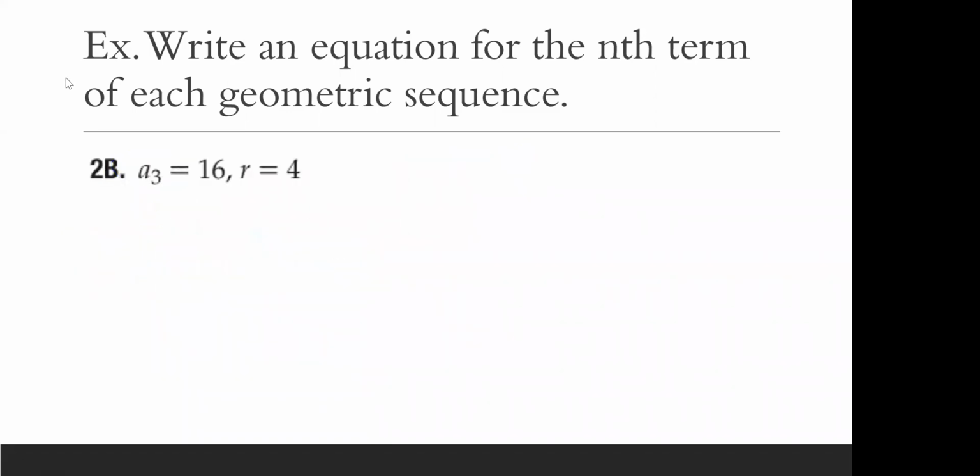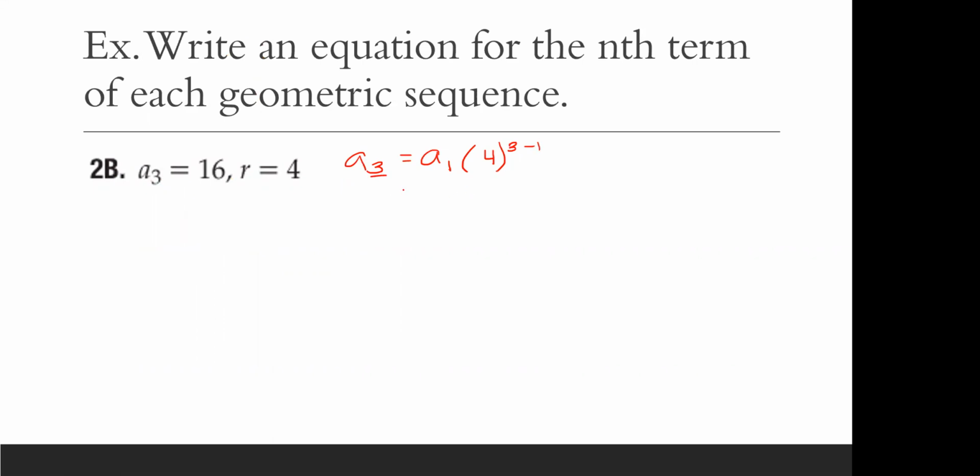Second example. Now here it gives us a sub 3, which is the third term, and then the common ratio. If we're given a sub 3, we know that a sub 3 is equal to a sub 1 times the common ratio of 4 to the power of n, which in this case is 3, minus 1.